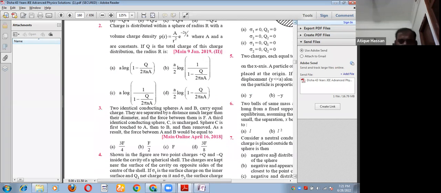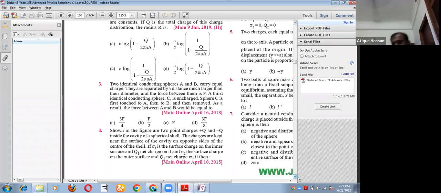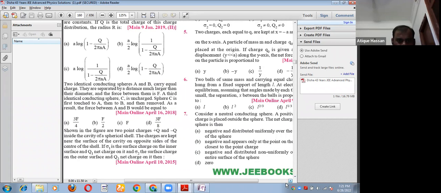So this is how we use the distribution of charge. We knew the distribution of charge, but hadn't applied it. Now you see today how we applied the distribution of charge and how important it is. Now moving to the next question.